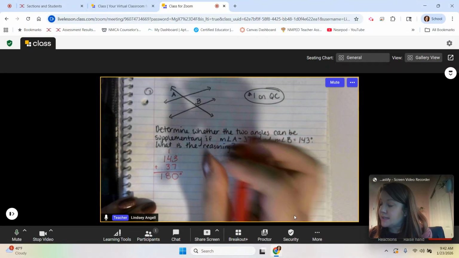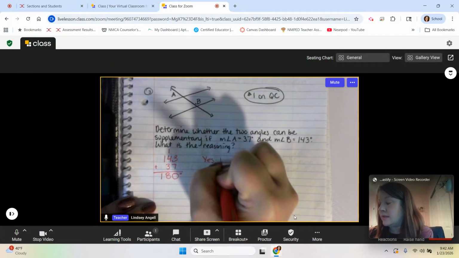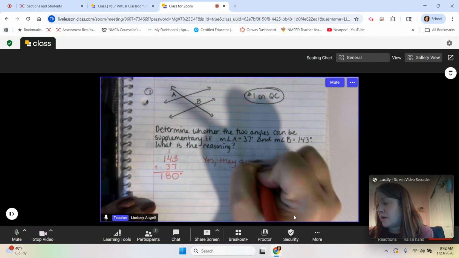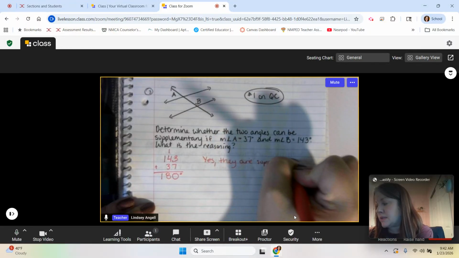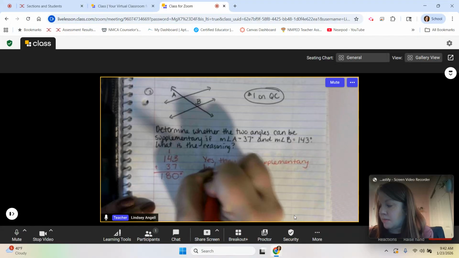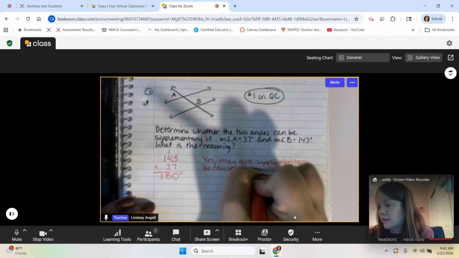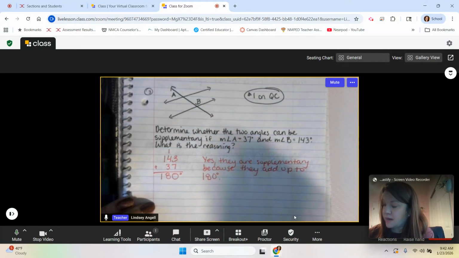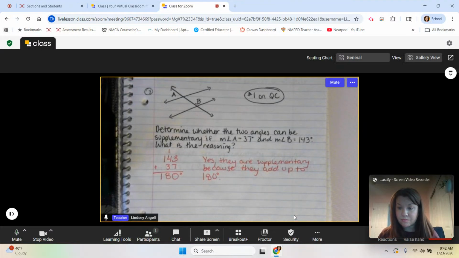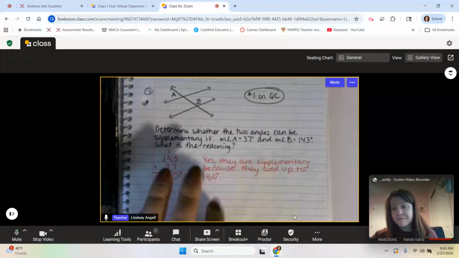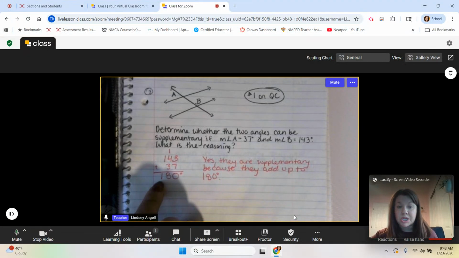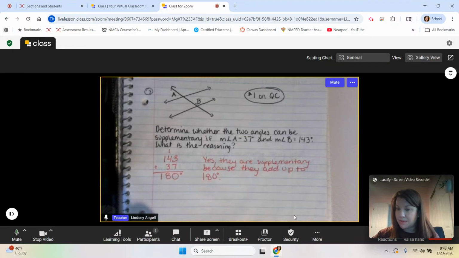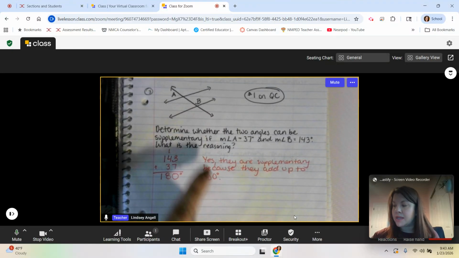So yes, they are supplementary because they add up to 180 degrees. That's the reasoning. Okay? I hope that helps. I think it's number 2 on the quick check. It's very similar, but again, your fallback should always be to add them together to confirm if they are supplementary. Hopefully that'll help you with the other one that's kind of similar to this.